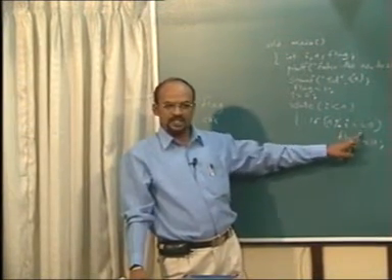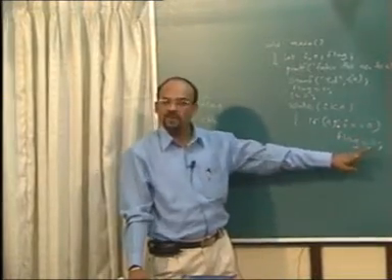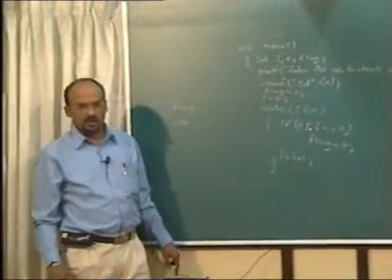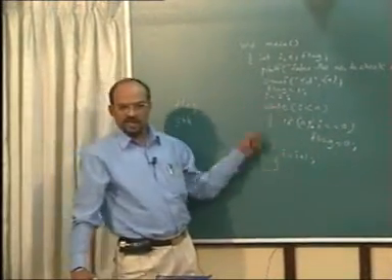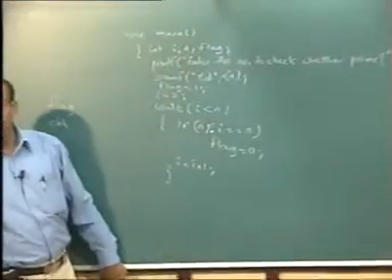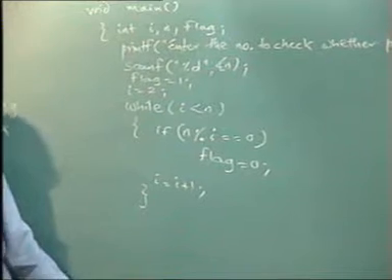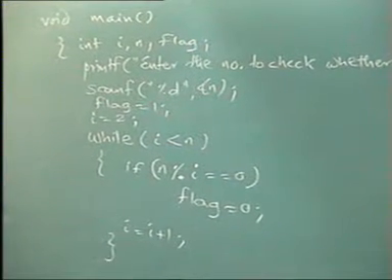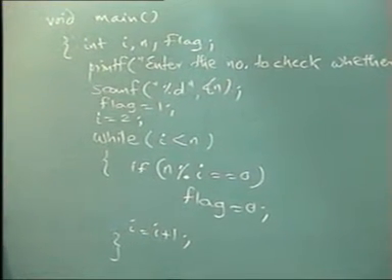If this condition is never true, then flag will never become 0. In short, when I execute it fully, this flag value is going to tell me whether somebody has divided n or not. Because if somebody divides n, then flag will change to 0.